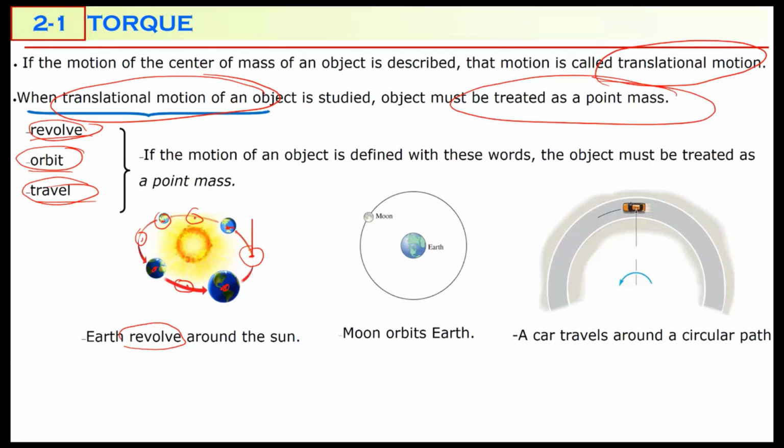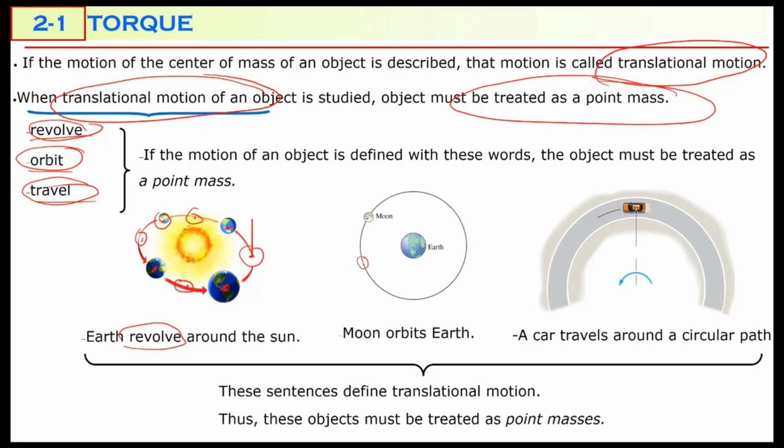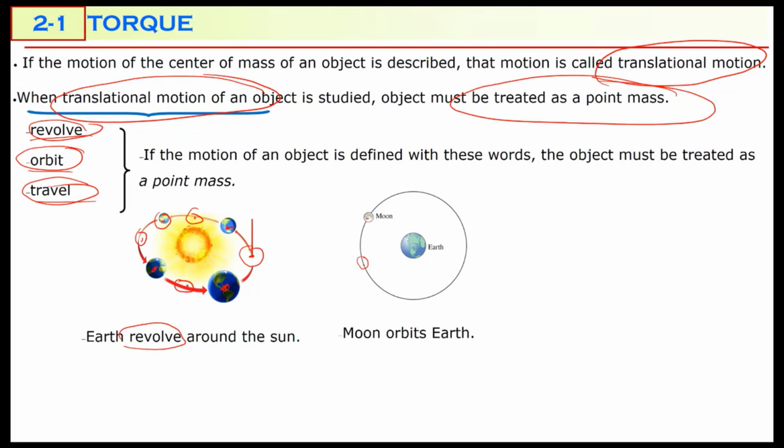So Earth in here must be treated as a point mass. But the moon here, the moon orbits Earth. Of course, you are defining the motion of the center of mass of the moon. So in here, as the moon is orbiting the Earth, you are defining the motion of the center of mass.